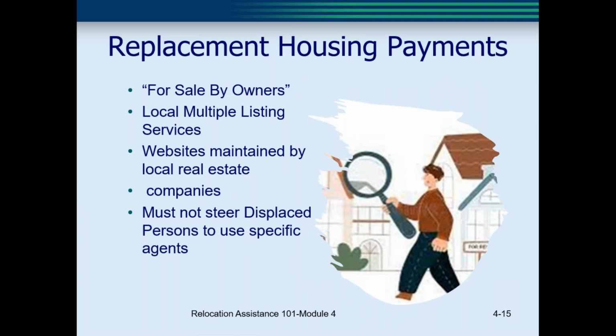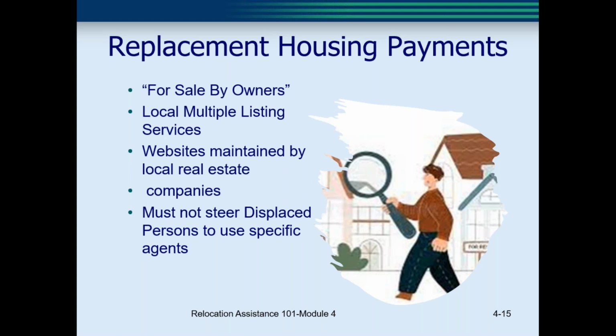For sale by owners, you can find a lot of them just driving the project, looking for the for sale signs. A good working relationship with the local real estate agents is essential in order to access the multiple list services, also known as the MLS.